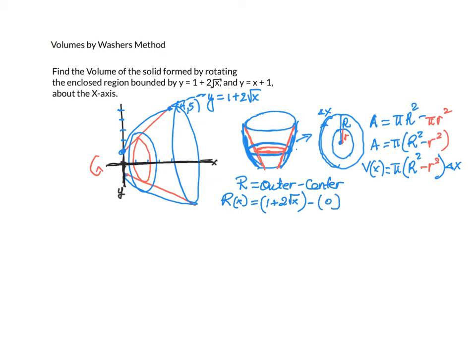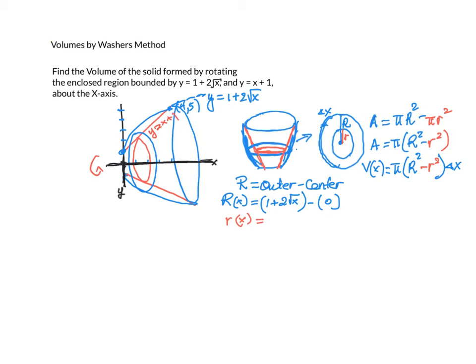To find the little r, or r of x, the little radius, we are going to take the inner function. Here's the inner function. The inner function is a line, y equals x plus 1. And let's label it here, y equals x plus 1.